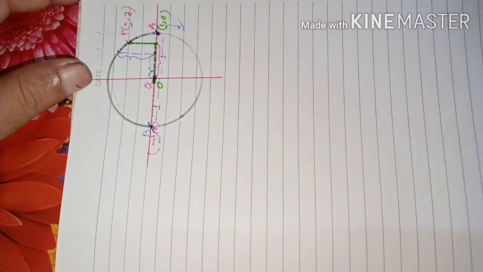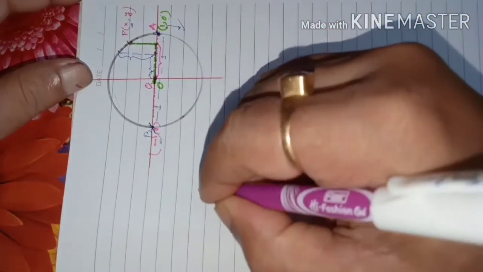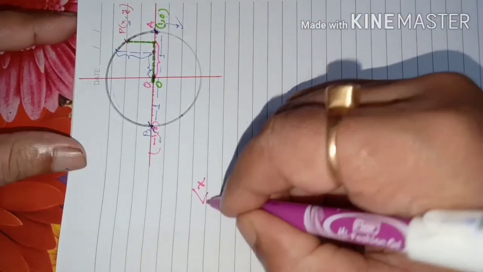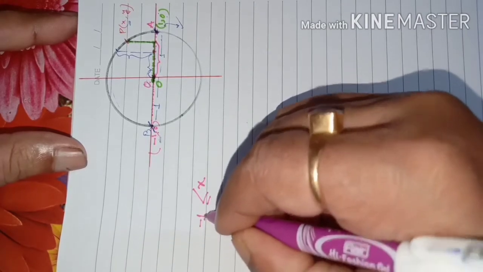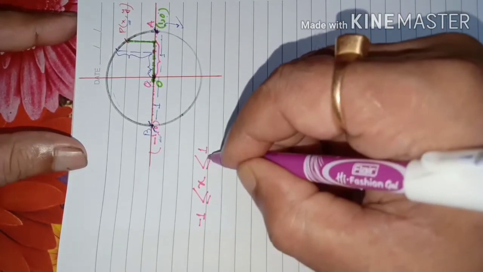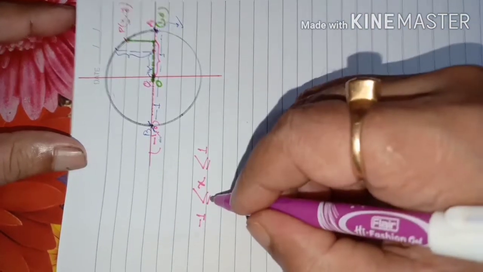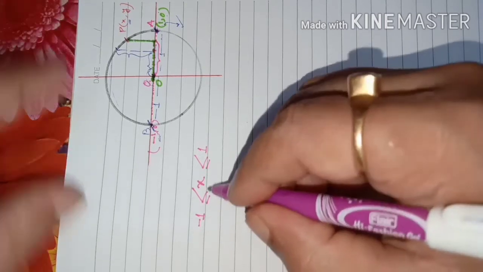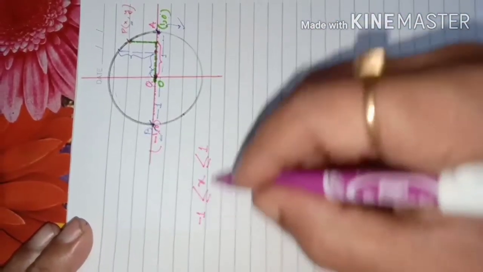So we come to the conclusion that the x values will always lie between minus 1 and plus 1, maybe equal to plus 1 or less than plus 1, and maybe greater than minus 1 or equal to minus 1. So x values will lie between these two numbers only.